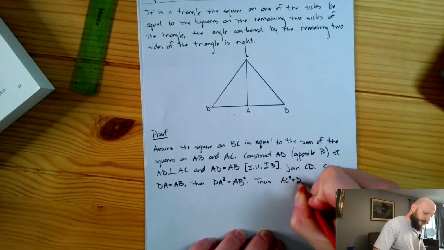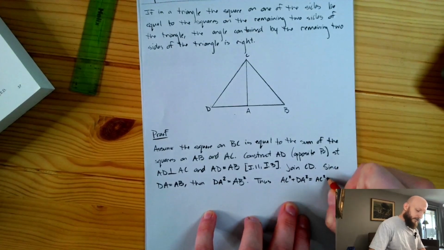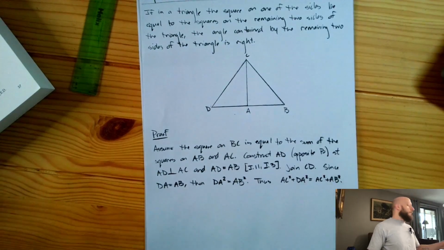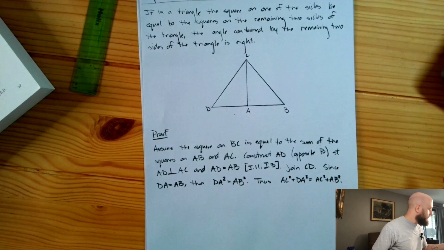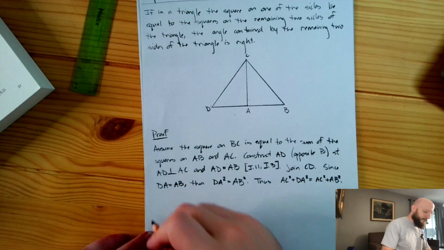AC squared plus DA squared equals AC squared plus AB squared. Therefore, the squares on DA and AC are equal to the squares on BA and AC, but the square on DC is equal to the squares on DA and AC because DAC is right.